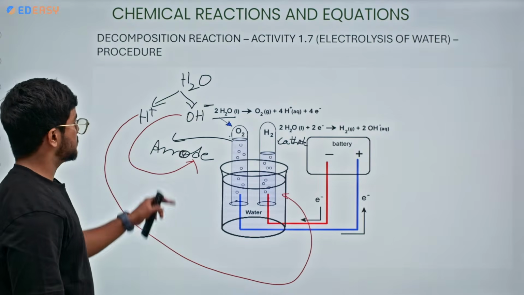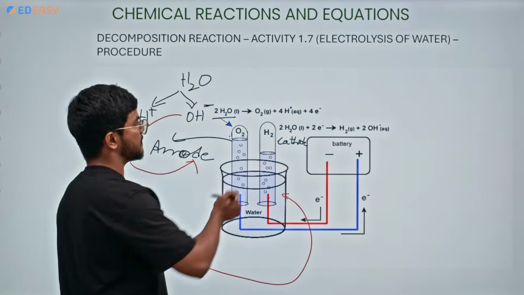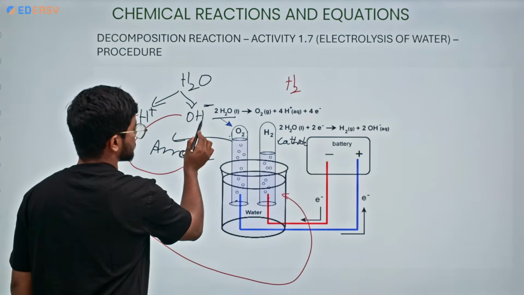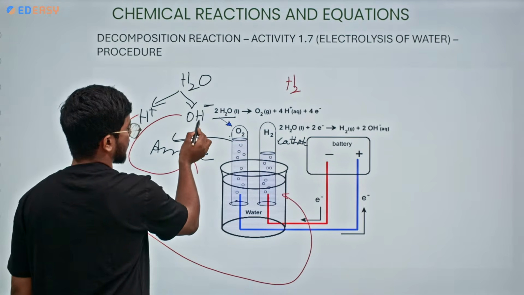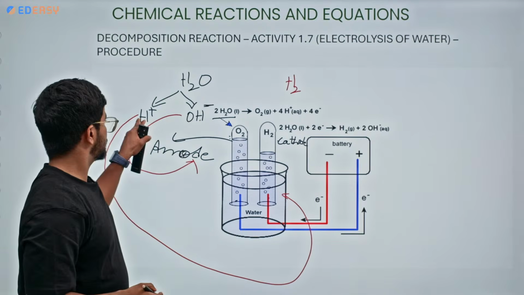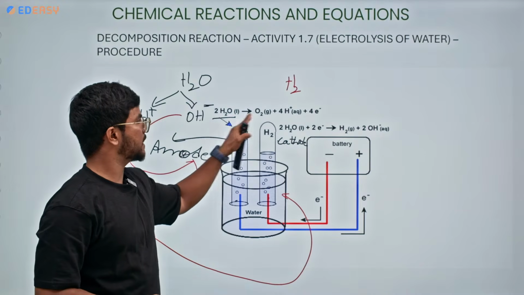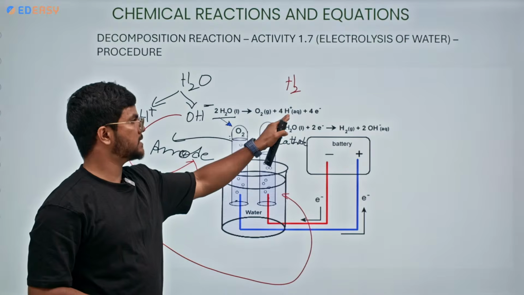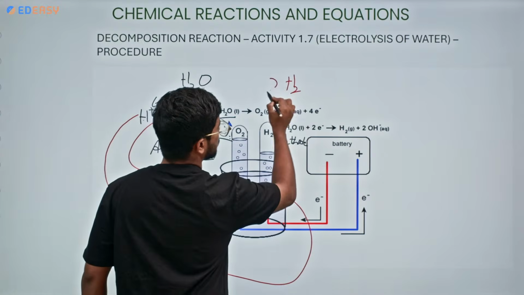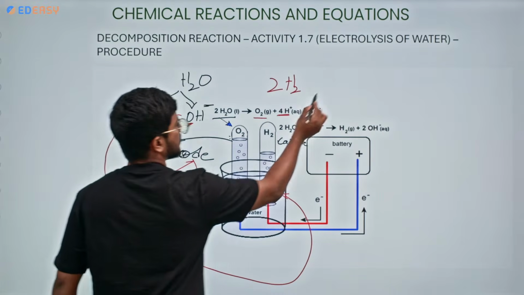The H plus ions combine to give H2, hydrogen gas. The actual reaction at the anode is 2H2O gives O2 plus 4H plus 4 electrons, so the oxygen comes from the OH.